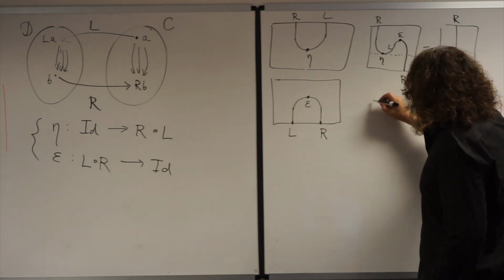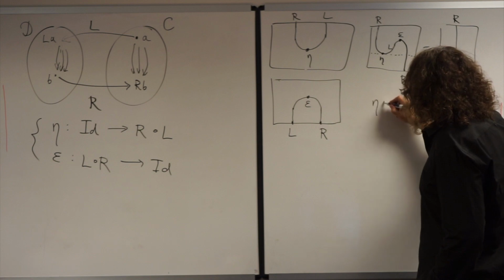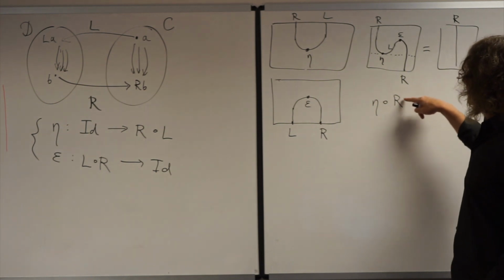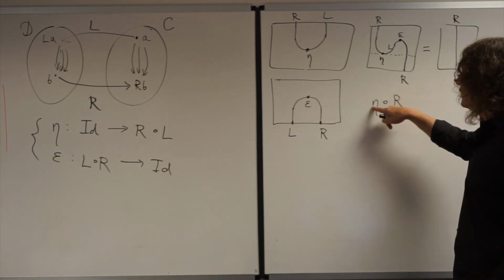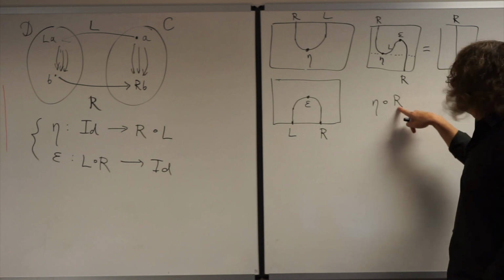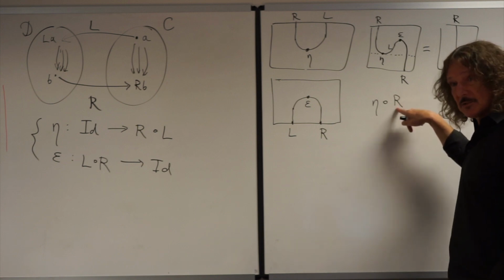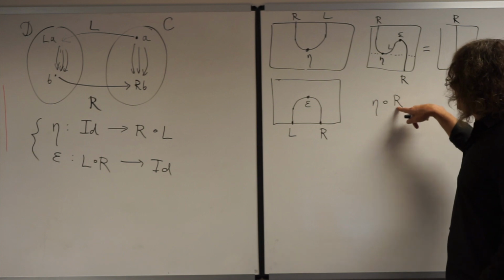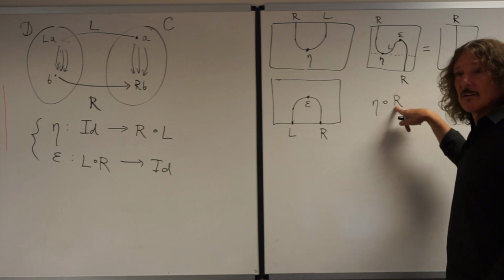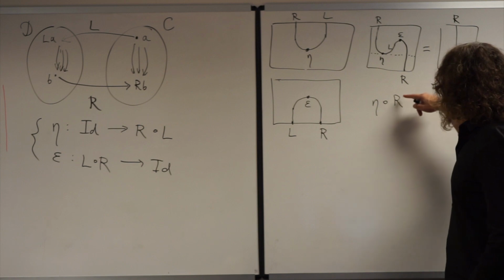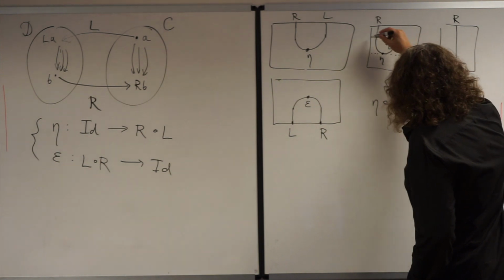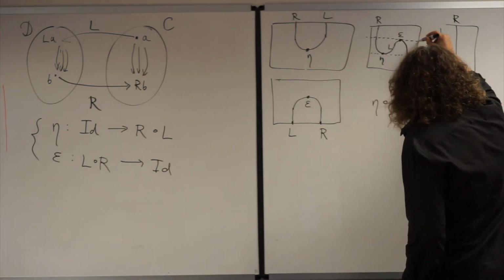So this is a horizontal composition of epsilon with R. And if you remember, this is notation that says if one of these is a natural transformation and the other is a functor, it means that we really mean an identity natural transformation from R to R. So that's this part, and then we keep scanning it, right, until we hit the next one.